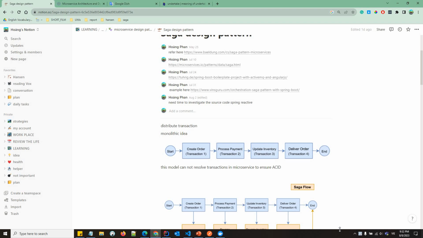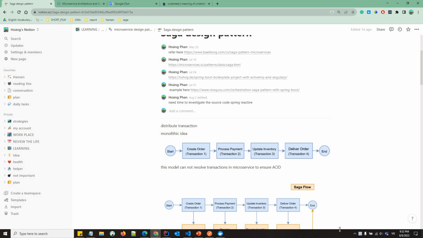You can imagine that in the past, applications worked with a monolithic architecture, and when a request came in to change the data inside the database, the transaction was managed by the relational database.